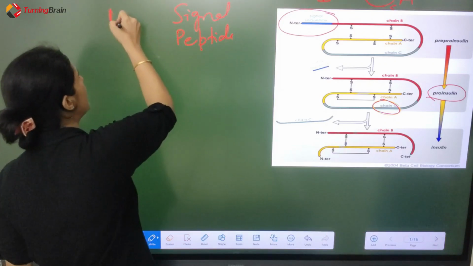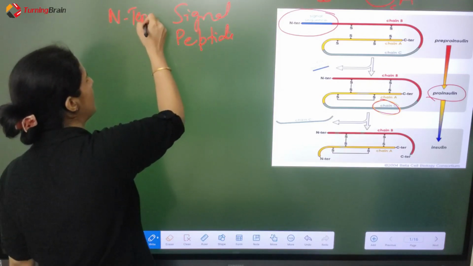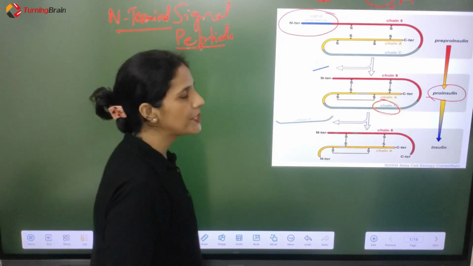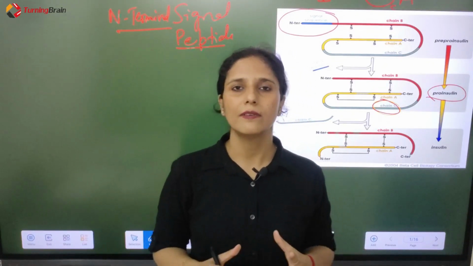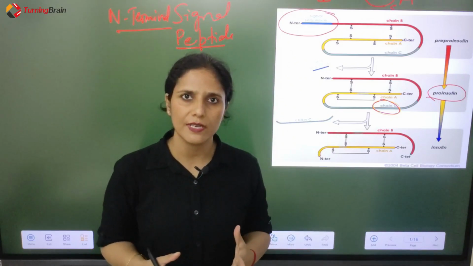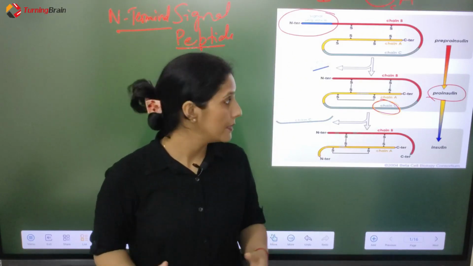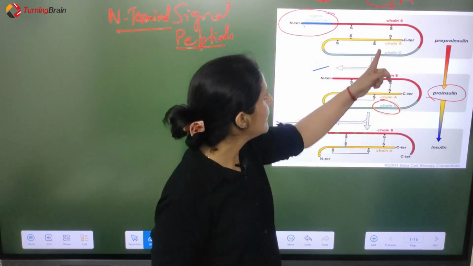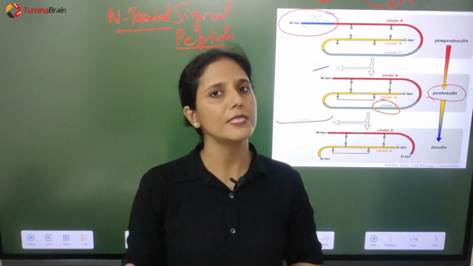The name attaches N-terminal signal peptide because this signal peptide is at the N-terminal end. One end is the N-terminal, where it is NH2, nitrogen is there. The other is the C-terminal. Here, this is the N-terminal, this is the C-terminal. Again, in every chain there is an N-terminal and C-terminal.